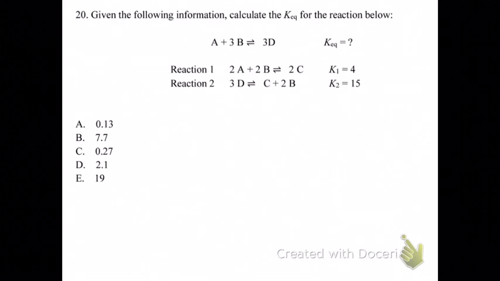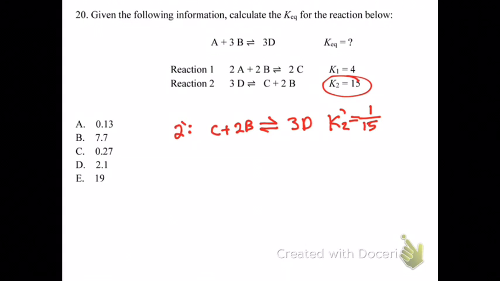So I'm going to call it reaction 2 prime, and I'm just going to flip around this reaction, so it's going to become C plus 2B yields 3D. And whenever we do that, the K for this, I'm going to call it K2 prime, since we flipped it. If we reverse a reaction, so the reactants become the products and the products become the reactants, what do we do to the value of K? Well, we take the inverse of it, so it's going to be 1 over 15. So K2 was 15, so we're just taking the inverse of this.